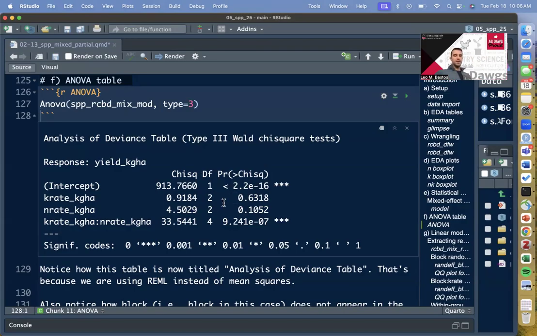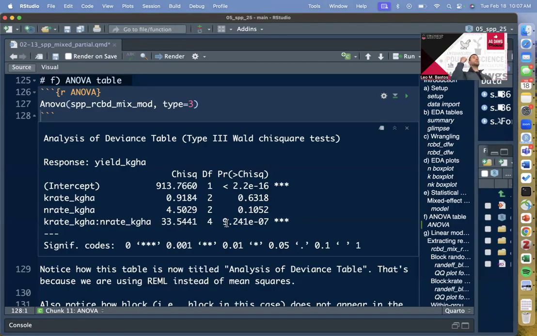Imagine you would have another column here for DF denominator. We would have fewer degrees of freedom on potassium rate and more degrees of freedom on nitrogen and the interaction between nitrogen and potassium, because potassium rate is at the whole plot level. Its error has fewer degrees of freedom.